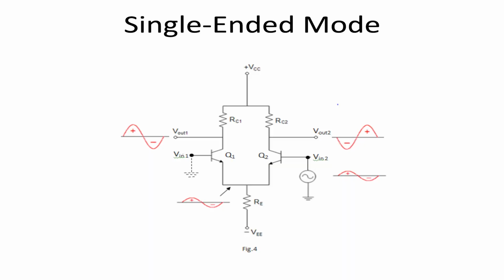So, in the internal circuit of this block diagram, V1 is applied at T1, and V2 is applied at T2. This is called VCC plus and minus. This is the DC input.